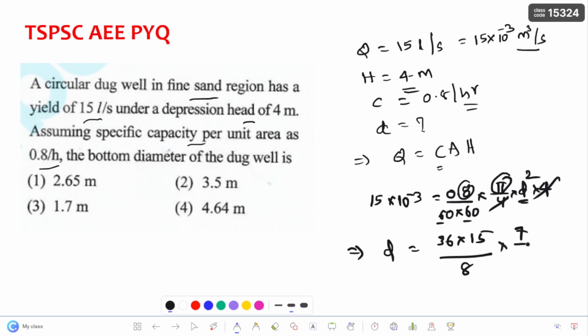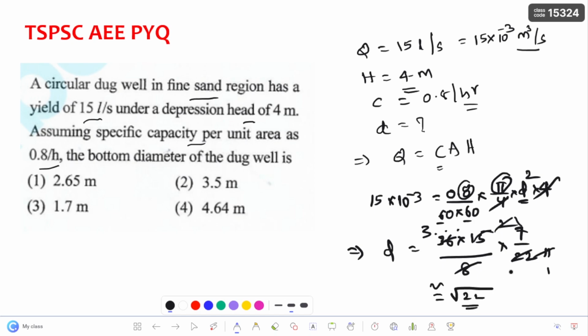If you write here 7 by 22, it will come approximately 11.3 something. That is approximately root over 22.